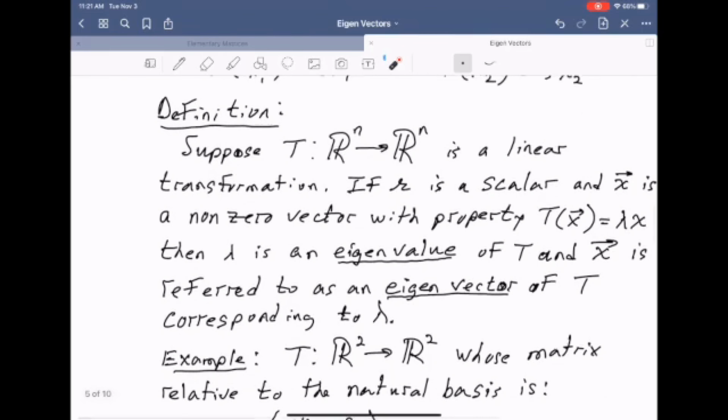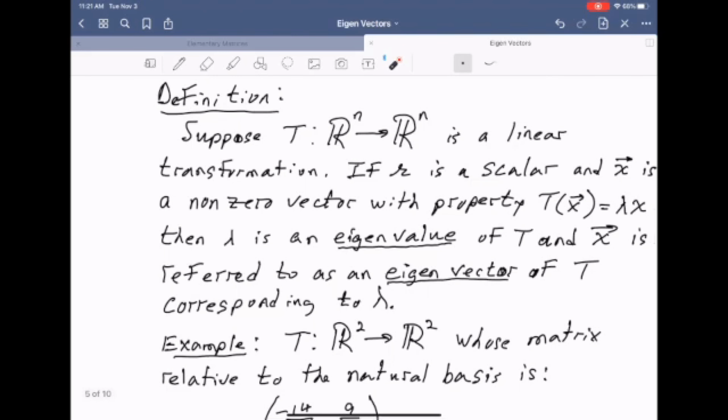Now, we define eigenvectors and eigenvalues. Suppose we have a linear transformation in n space.